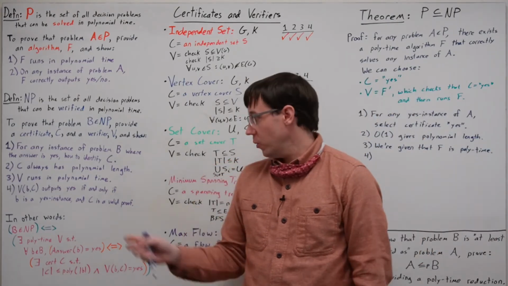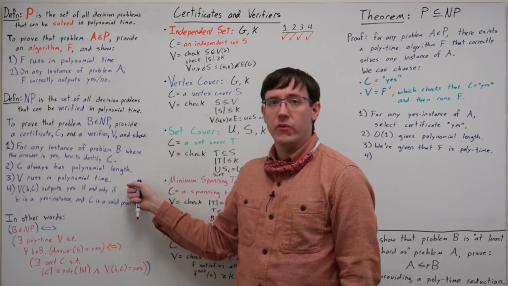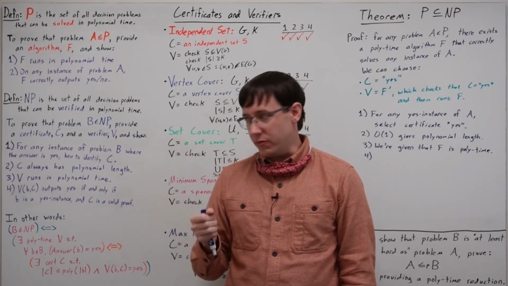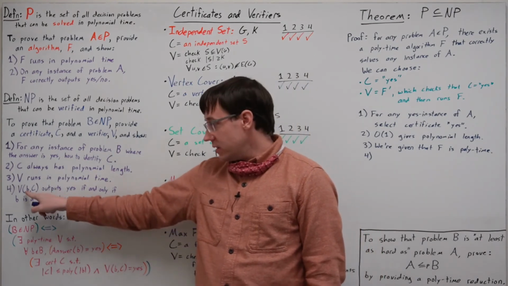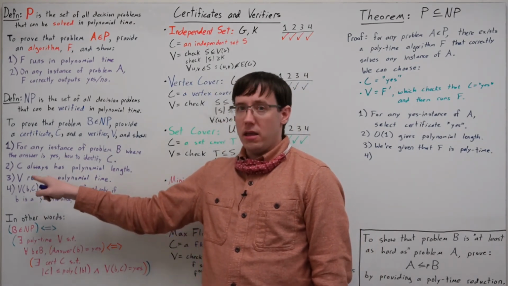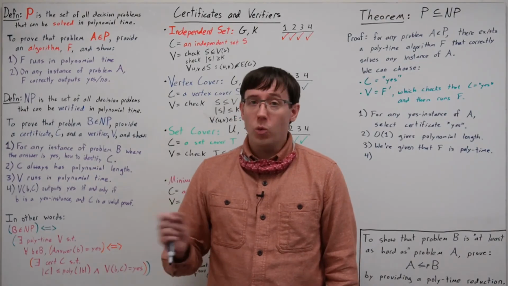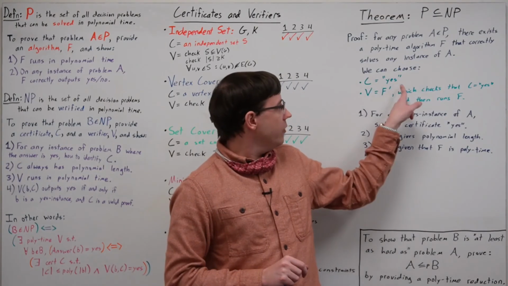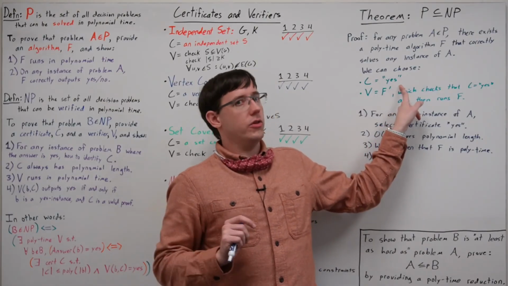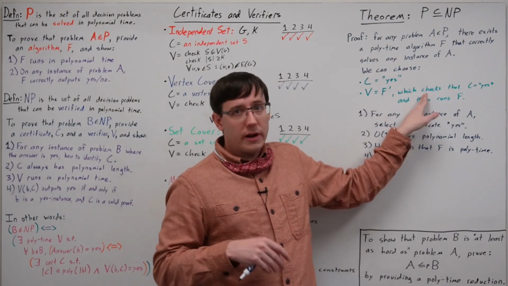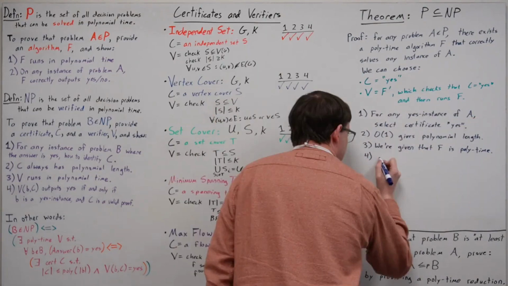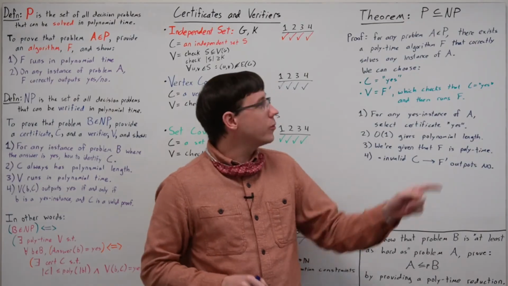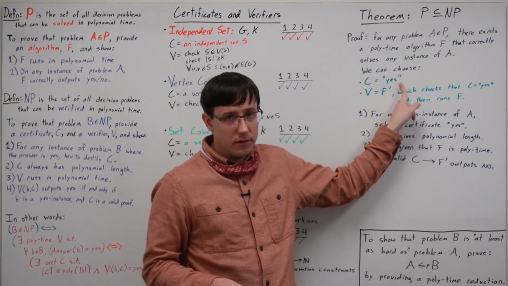And for number 4, we need to show that our verifier will output yes if and only if it was given a yes instance of the problem and a valid certificate. Well, what if it was given an invalid certificate? An invalid certificate would be anything other than the word yes, and our verifier would check that and output no. Okay, but what about cases where we are given the certificate yes?